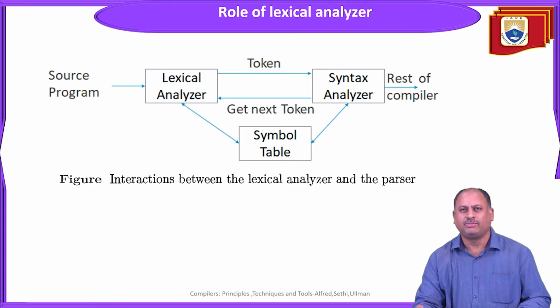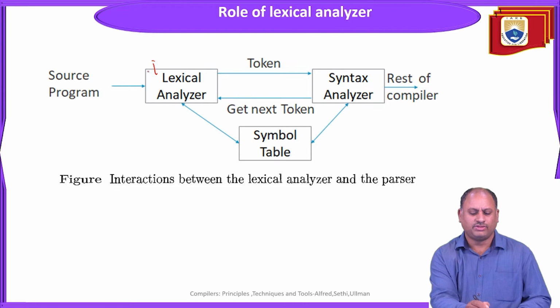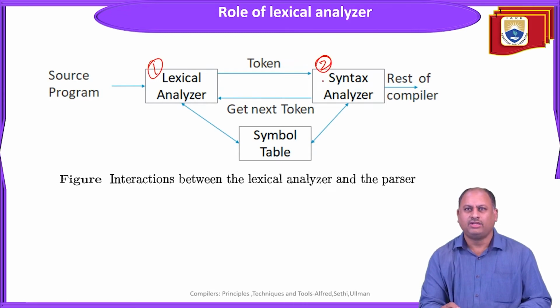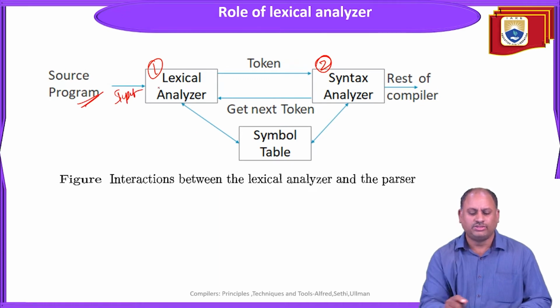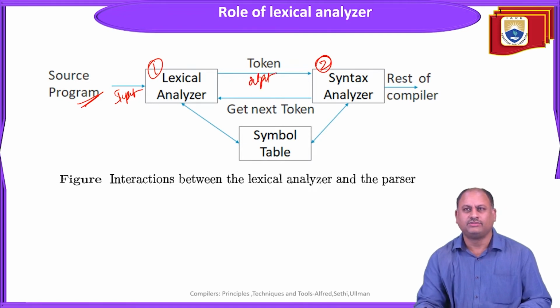The block diagram representing the lexical analyzer. We have already known that it is the first phase of the compiler and this is the second phase of the compiler. The source program instruction is given as input to the lexical analyzer, and the output that is generated here is tokens.